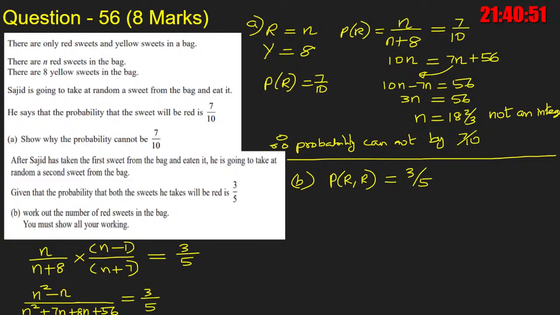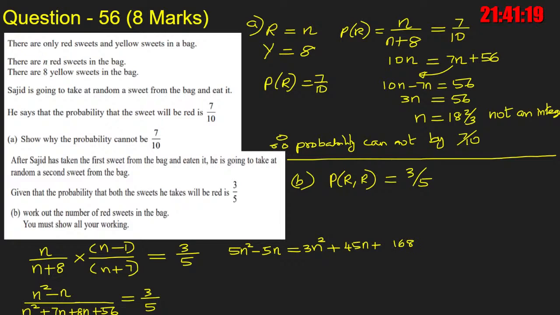Now cross multiply: 5n squared minus 5n equals 3n squared plus 7n plus 8n, which is 15n, 15n times 3 is 45n, and 3 times 56 is 168.